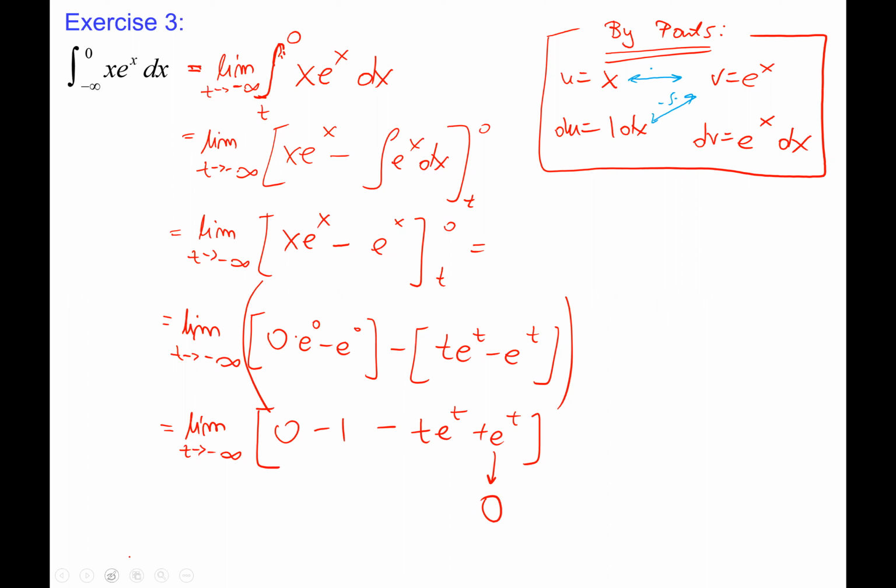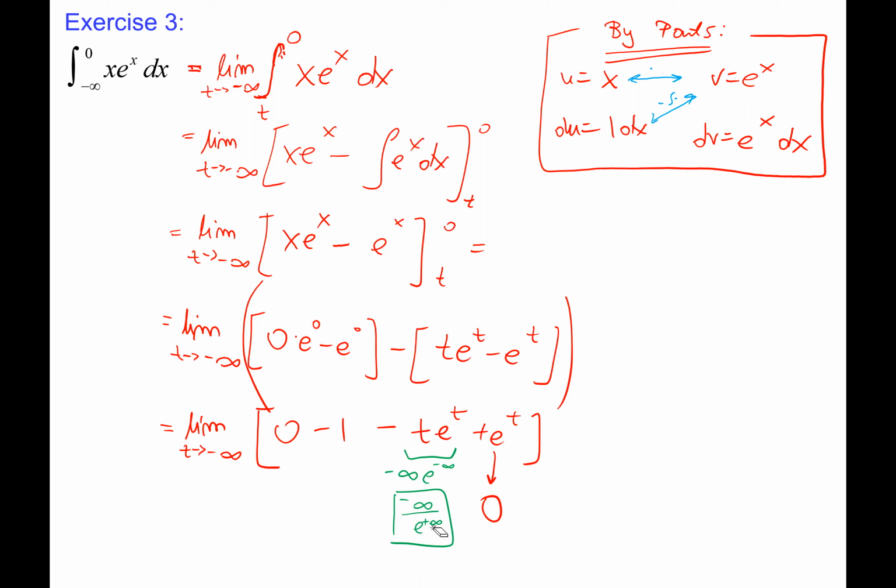But we also have an interesting thing. We have t going to negative infinity, of course this is negative, and e to the negative infinity, which is like negative infinity times e to the positive infinity. This is really informal notation, but I play with infinity really carefully, of course.